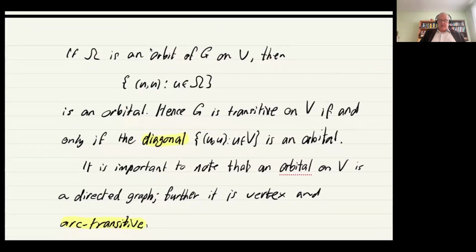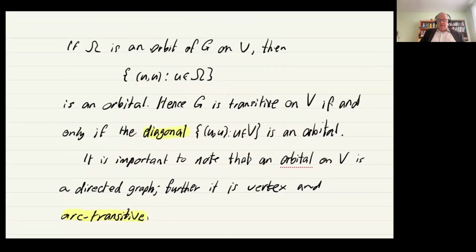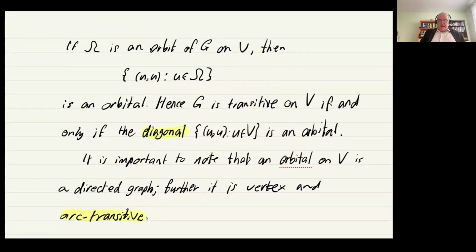And so this is summarizing what I said, that we always get the so-called diagonal orbital for free. Okay, so omega is an orbit, the diagonal is an orbital. The orbitals are directed graphs, and that directed graph is vertex and arc transitive.